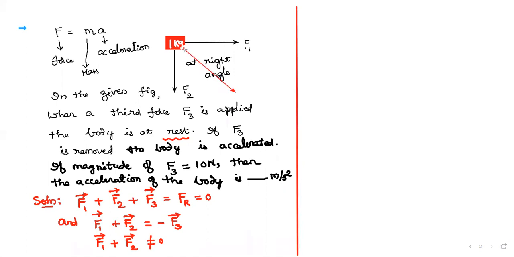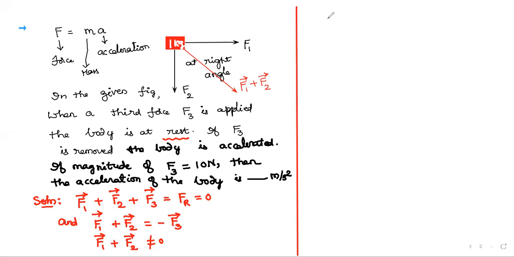This is the direction of the resultant, F1 bar plus F2 bar. The body will accelerate in this direction, because F3 is not there.